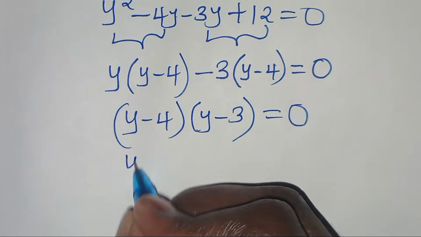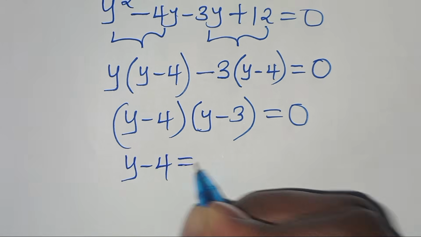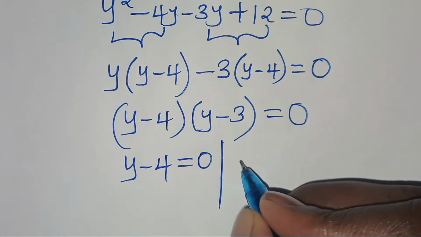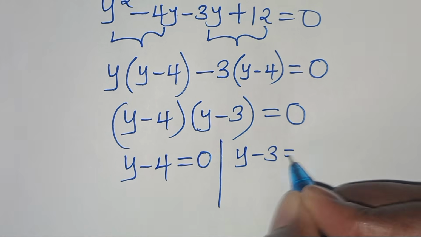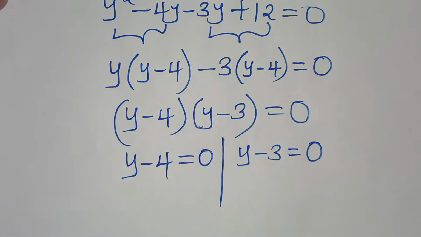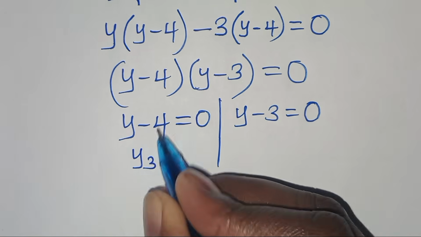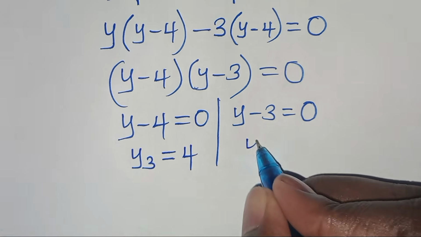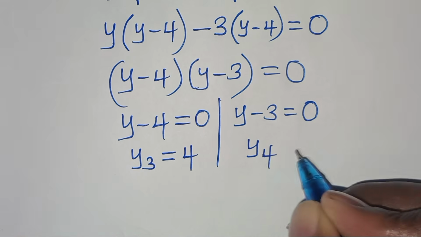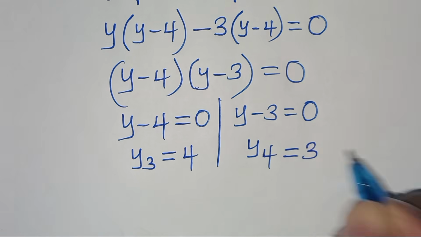So we have y minus 4 equal to 0 in the first part, then y minus 3 equal to 0. Now we have y3 equal to 4, and y4 equal to 3.